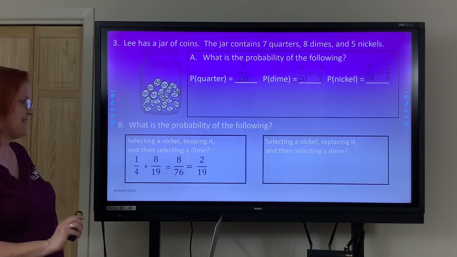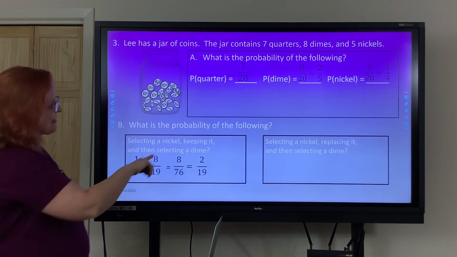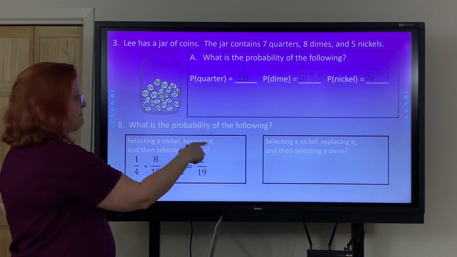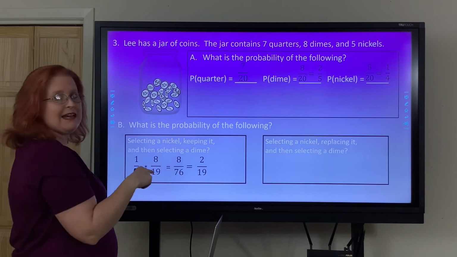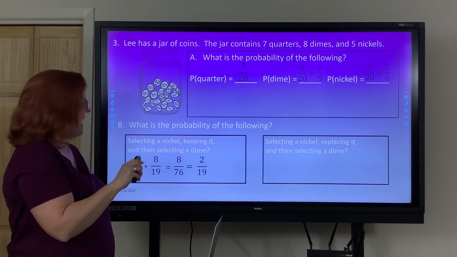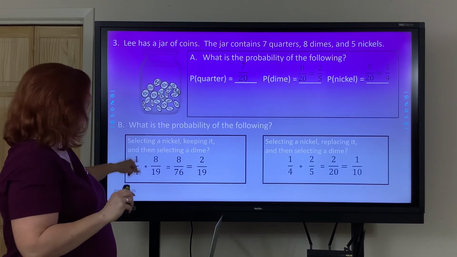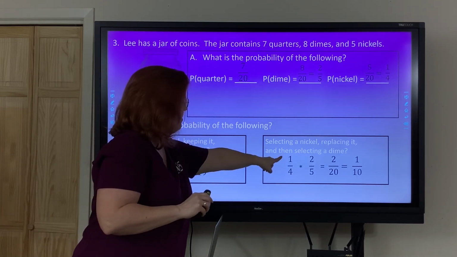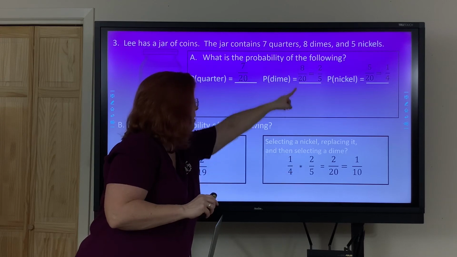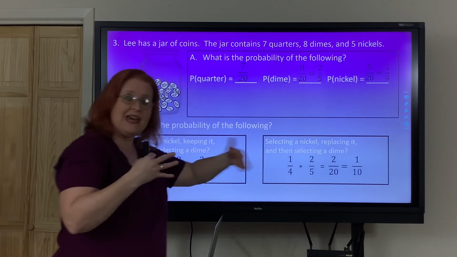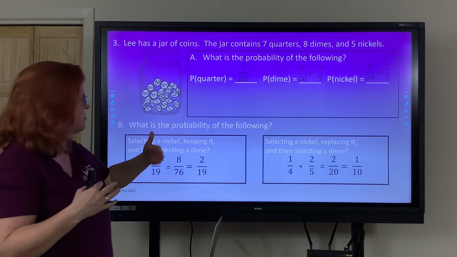All right, now we have the same situation. Selecting a nickel, replacing it back in the jar, and then selecting the dime. And so how is that going to change our probability? Well, we have our 1/4 of our nickel. Then our dime, we can use the reduce because we kept the 20 at the bottom, so 2/5.